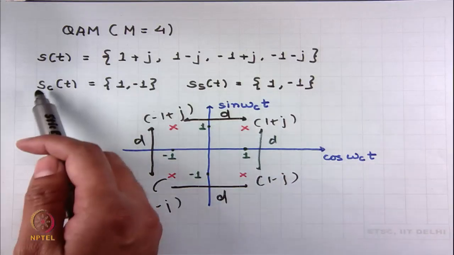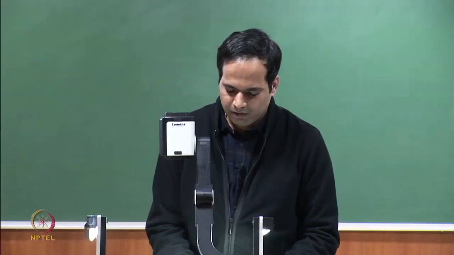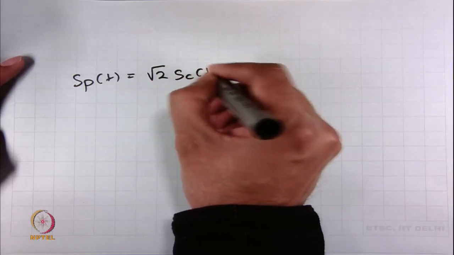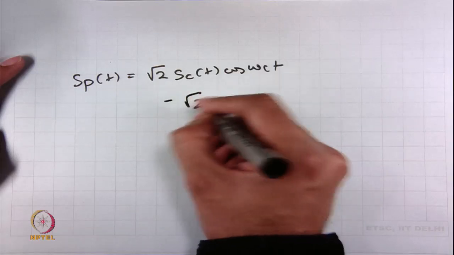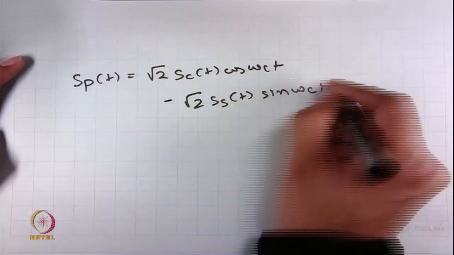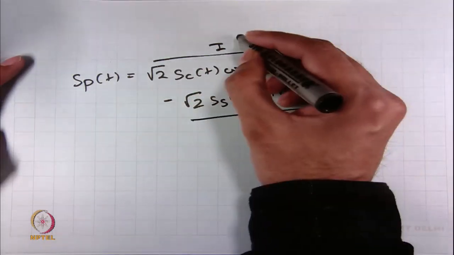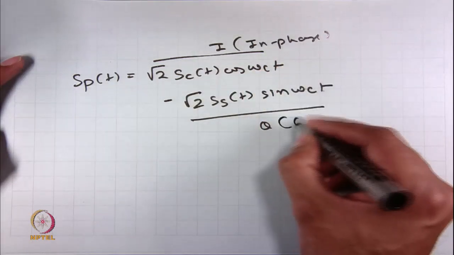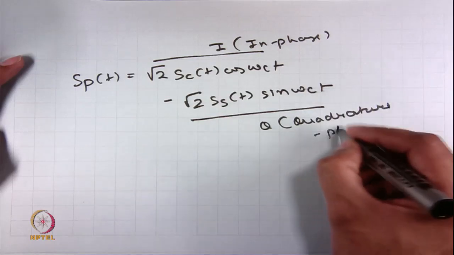Let me write that expression again. So, the passband signal is given by, so this is I channel, Q channel, or this is also known as in phase and quadrature phase component.